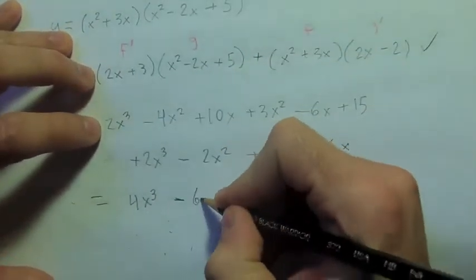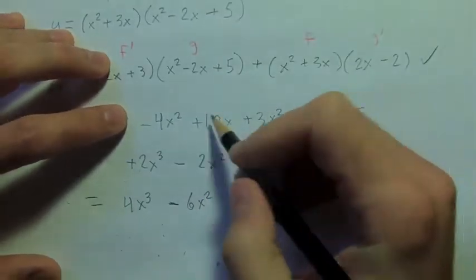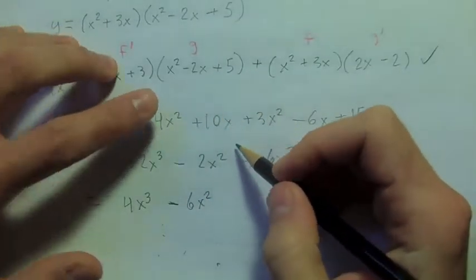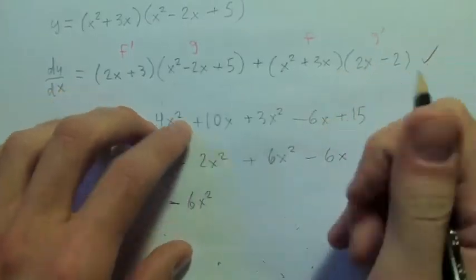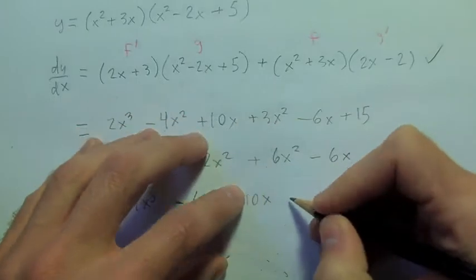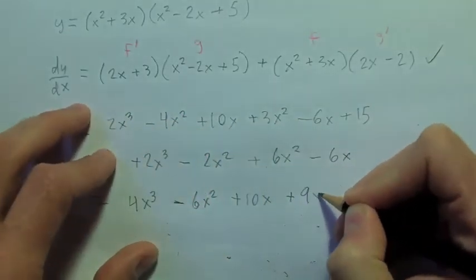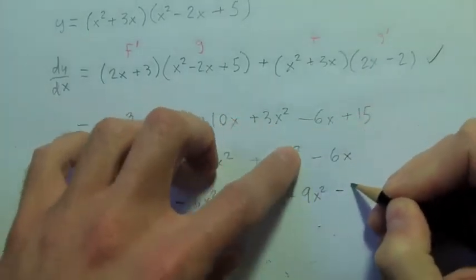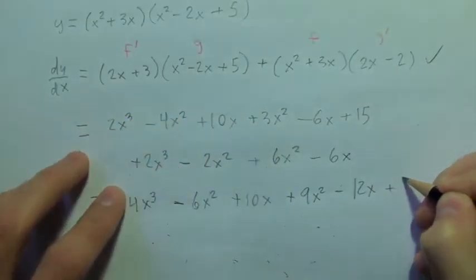So this will be negative 6x squared, then plus 10x, then plus 9x squared minus 12x plus 15.